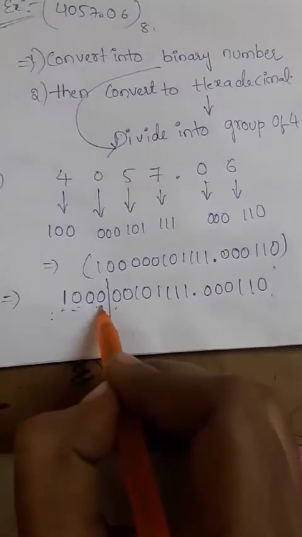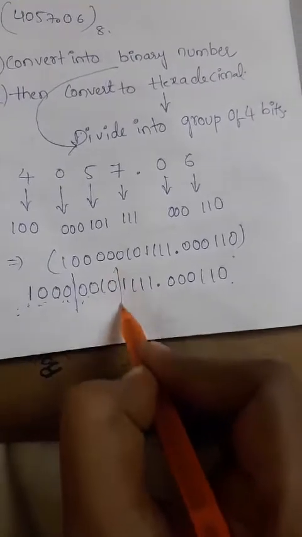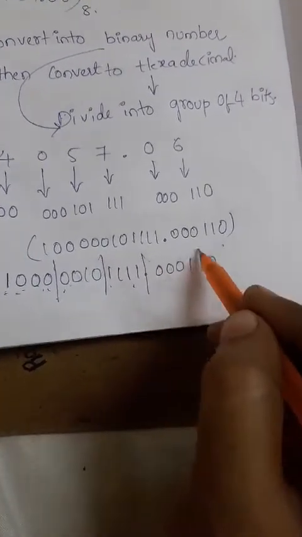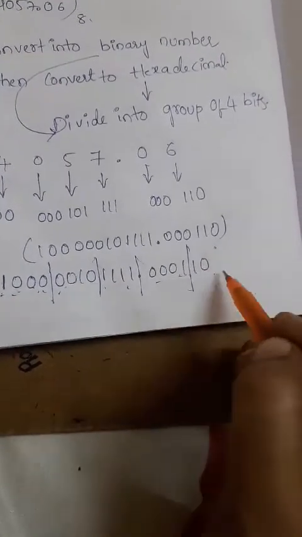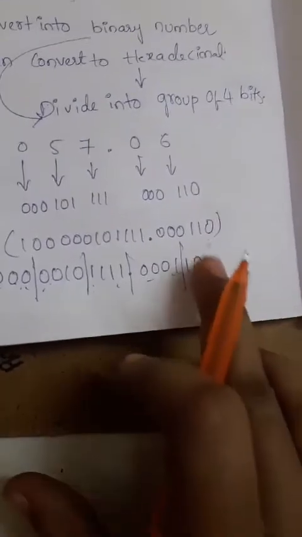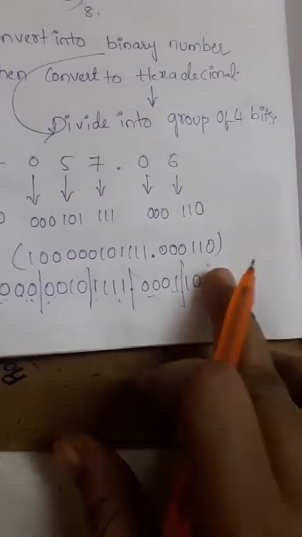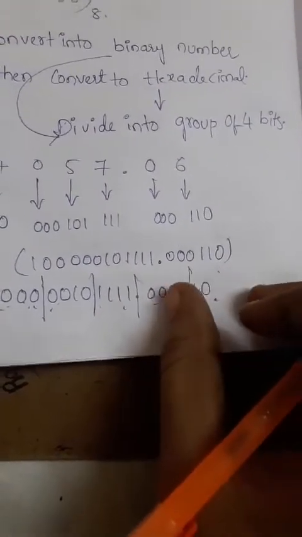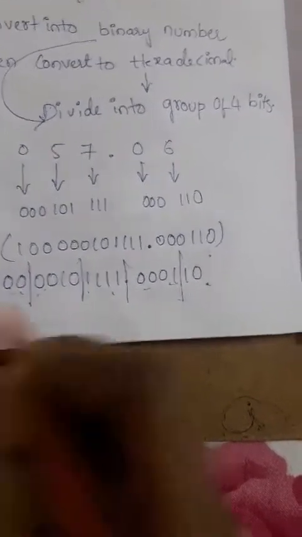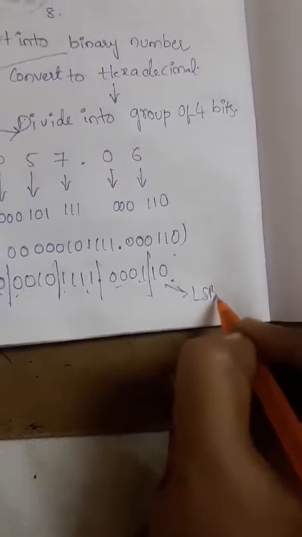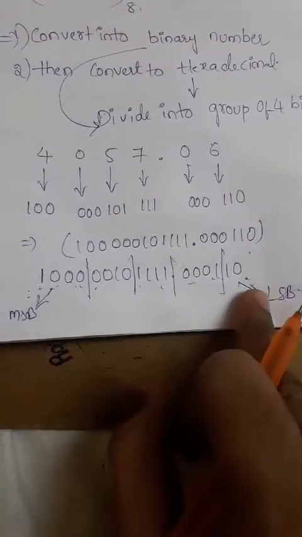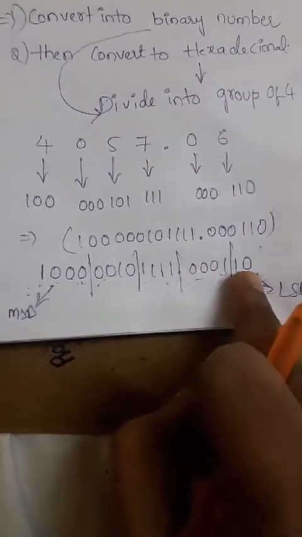The first group of 4 bits is 1000, the second group is 0010, the next group is 1111, and the next group is 0001. But the last group has only 2 digits. To complete the group of 4 bits, we check the LSB side: every group consists of 4 digits, but the last one has only 2 zeros.